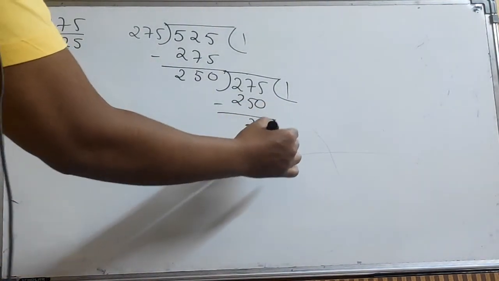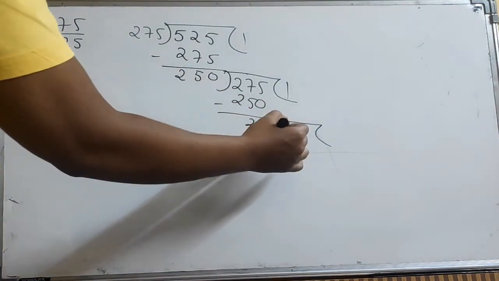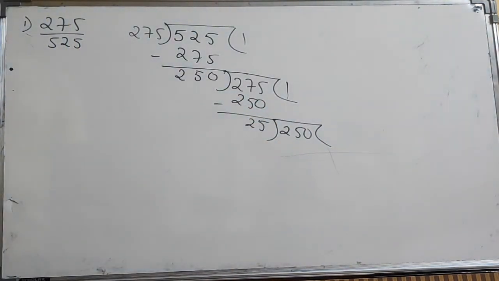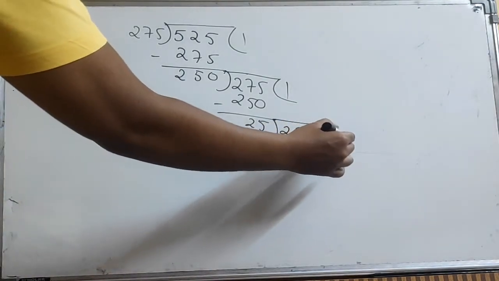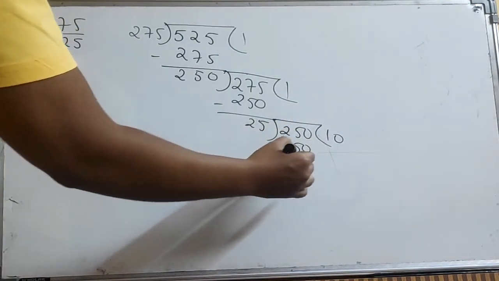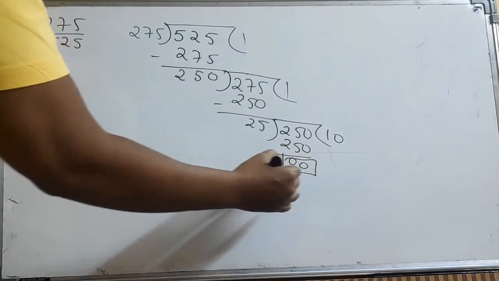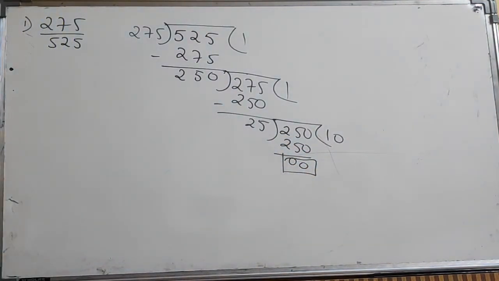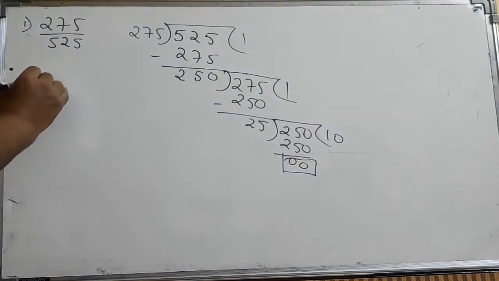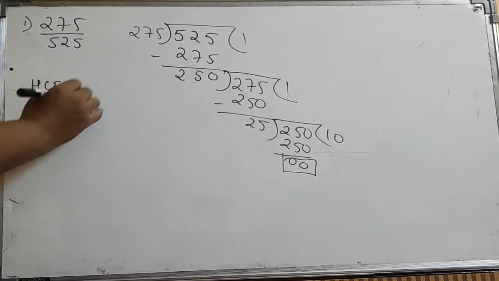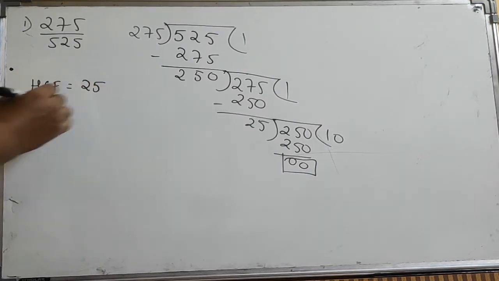Okay, divide 250 by 25. 25 tens are 250, so once I have got 0, our division stops. Okay, once the division stops, HCF is equals to 25. So HCF of 275 and 525 is 25.